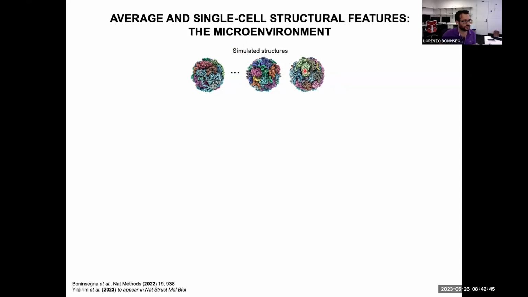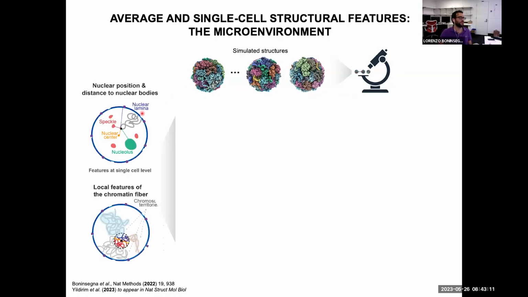So we have our simulated structures, and we can think about looking at them like under a microscope. Because we have all the coordinates of all the loci in all the single cells, we have access to a very wide amount of different structural features that sometimes experiments cannot probe at this level of coverage.